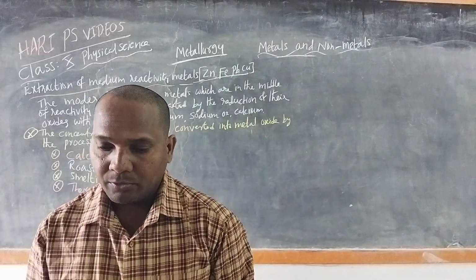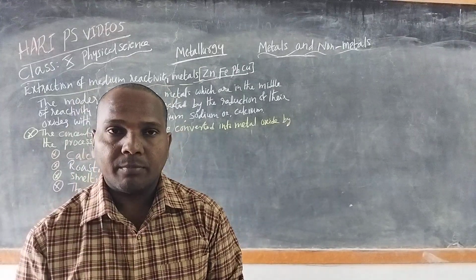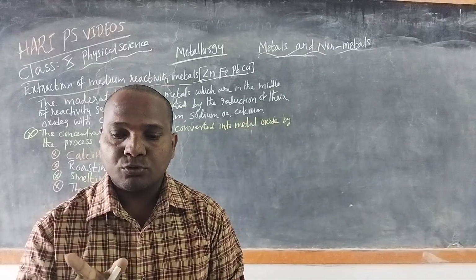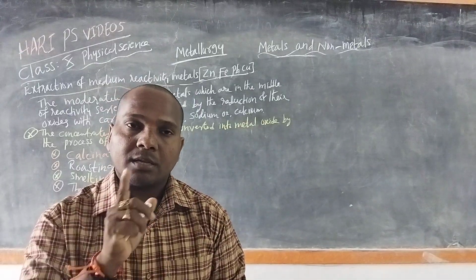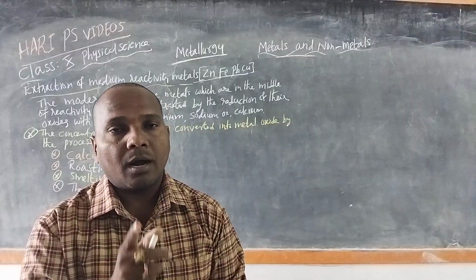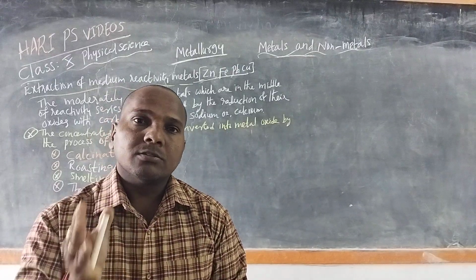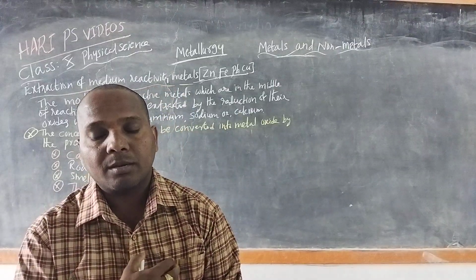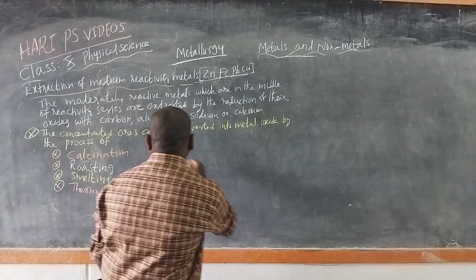Oxides of comparatively less reactive metals. First of all, we have to discuss metal oxides. Metals are available as oxides, carbonates and sulfides. So there are different methods for oxides and different methods for sulfides and carbonates.